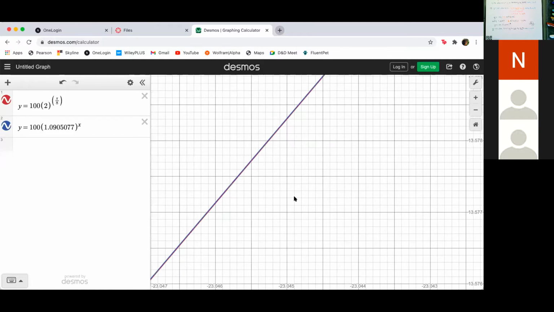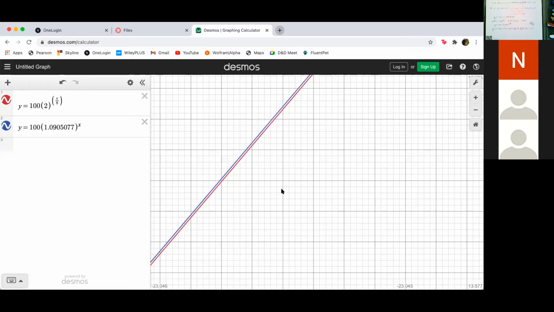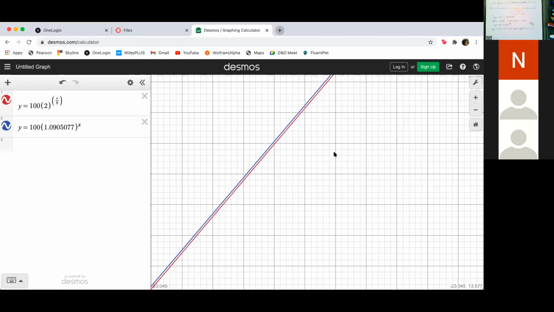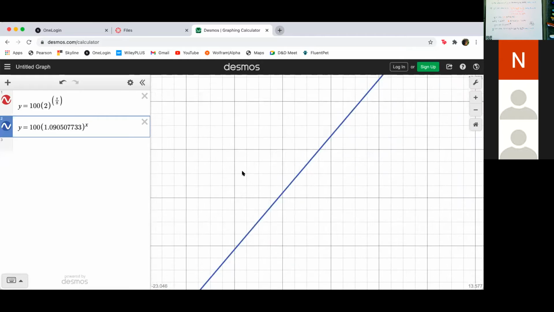And I have to zoom in really close. So here we are at negative 23.046, and at this side, negative 23.045. So things are very close together. And I can go past my calculator's ability to calculate things.